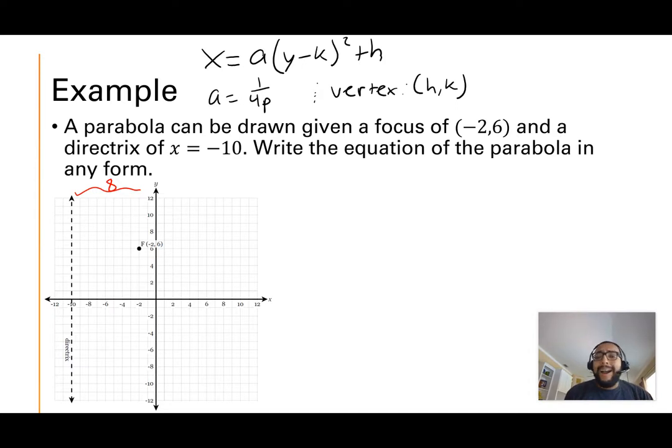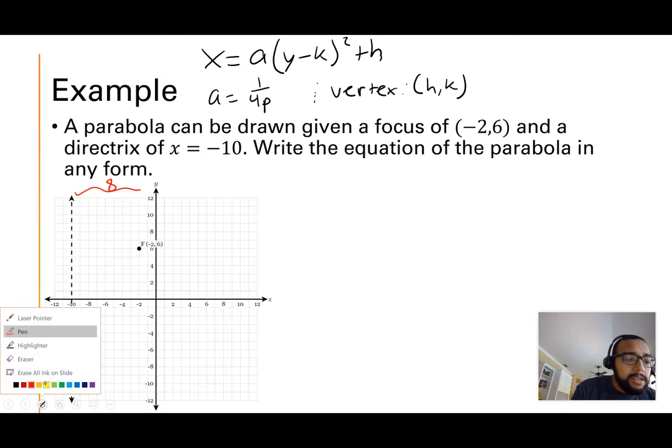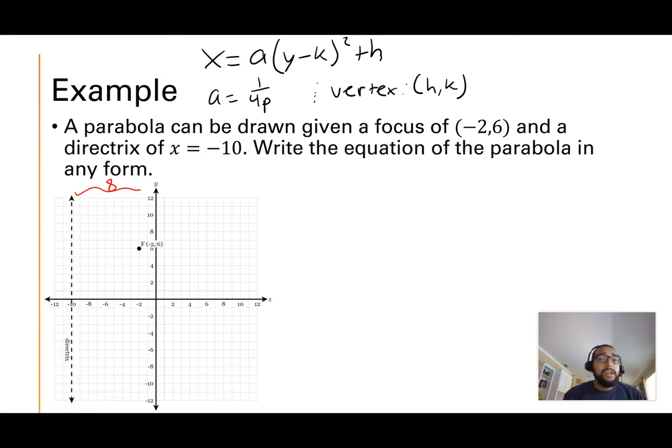So why is that important? Well, to find our vertex, we know that the vertex will be right in the middle of the focus and directrix. So our vertex will be straight in the middle between our focus and directrix.